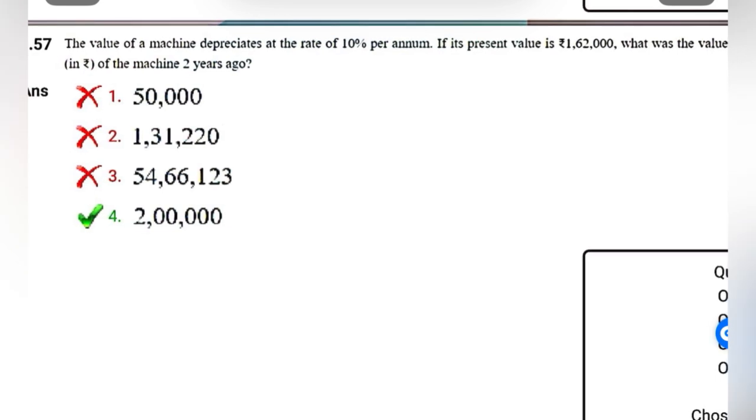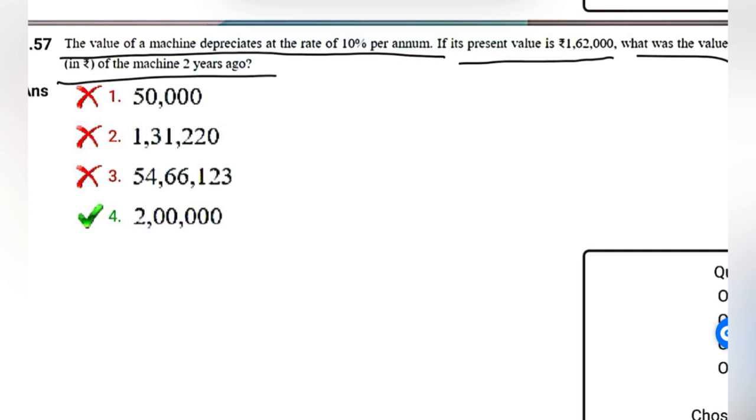The value of a machine depreciates at the rate of 10% per annum. If its value is 1,62,000, what was the value of the machine 2 years ago? Here present value is 1,62,000 and rate of depreciation is 10% per annum.